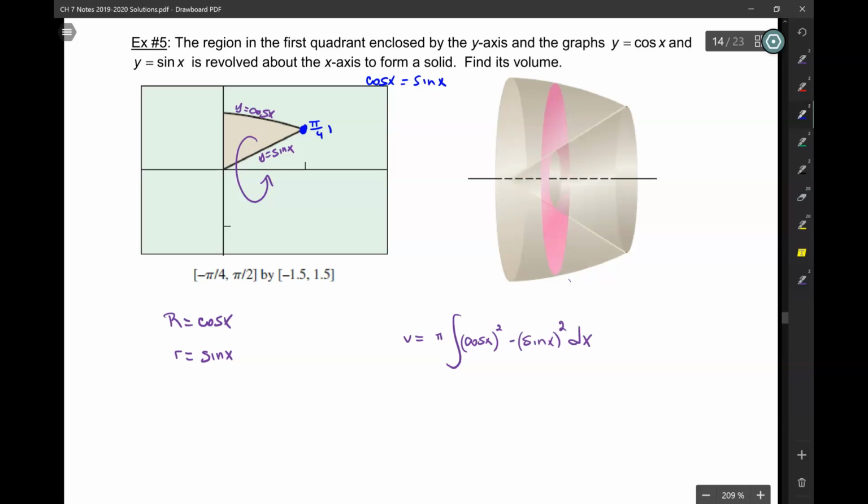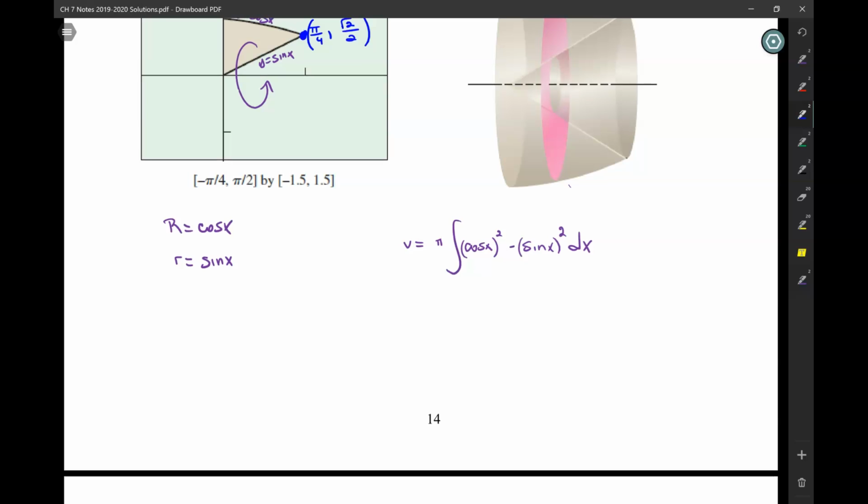And the value is what? Cosine of pi over 4 and sine of pi over 4 are root 2 over 2. So that coordinate point is pi over 4 comma root 2 over 2. This is a no calculator problem. Okay. So now, this is going to go from 0 to pi over 4.